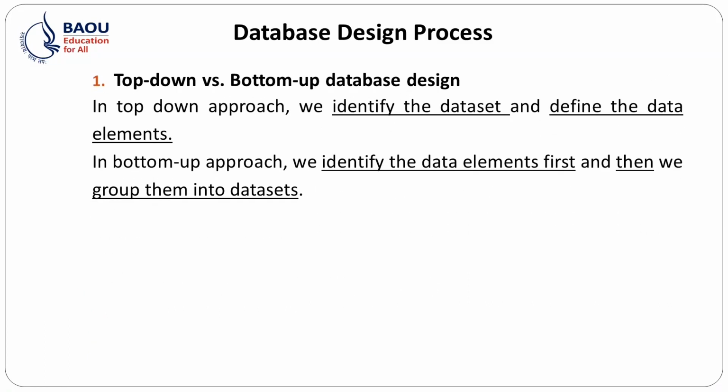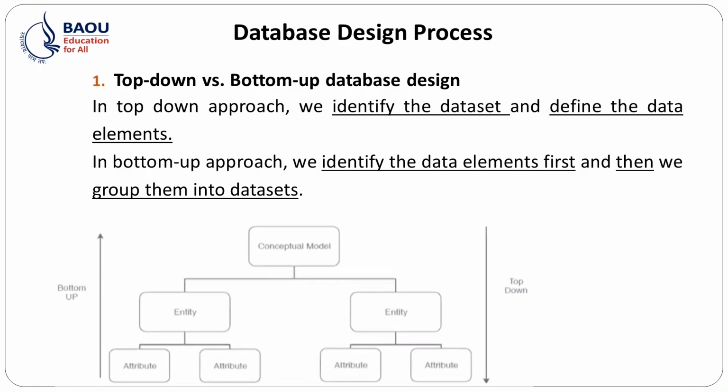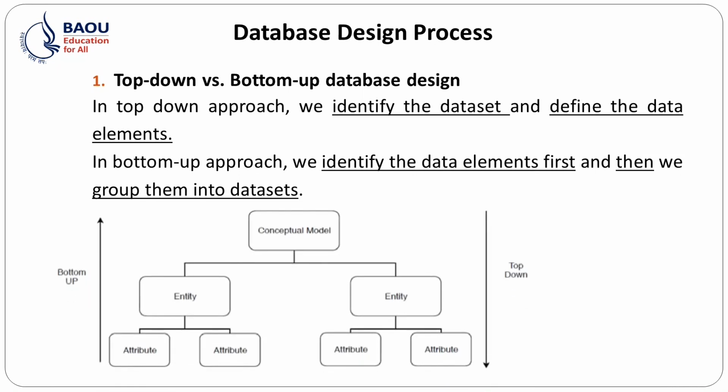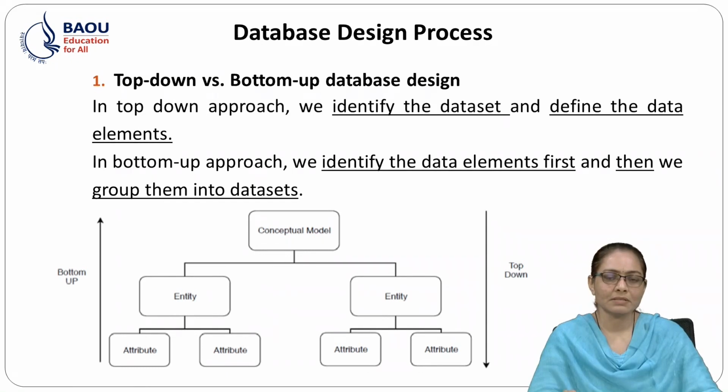Now, first is top-down versus bottom-up database design. In the top-down approach, we identify the data sets and define the data elements. In the bottom-up approach, we identify the data elements first and then group them into data sets.